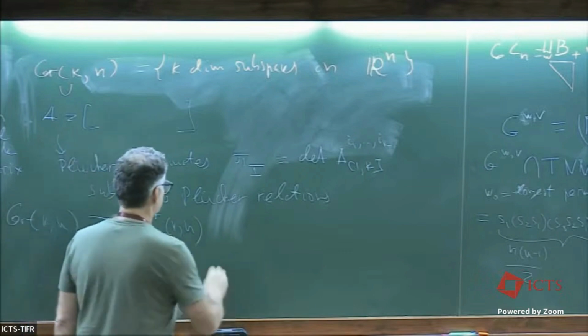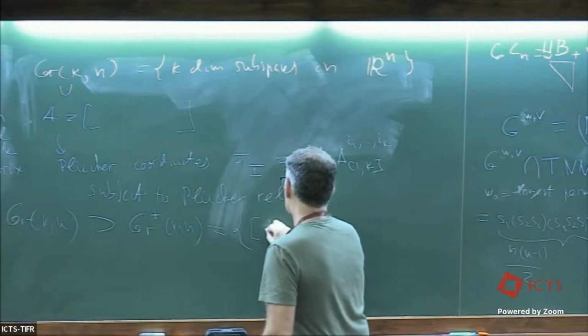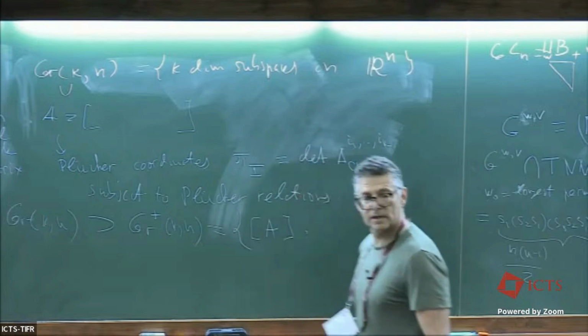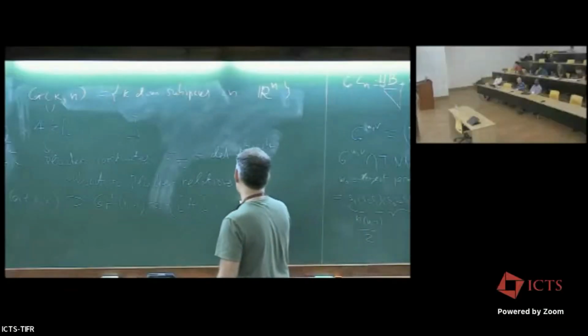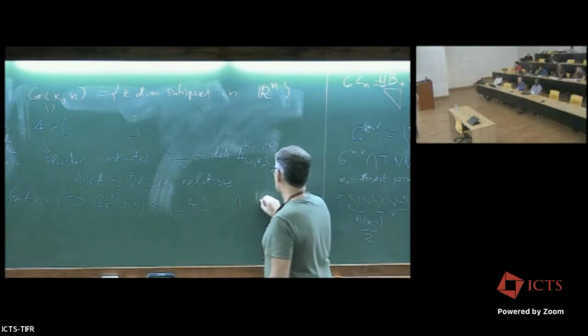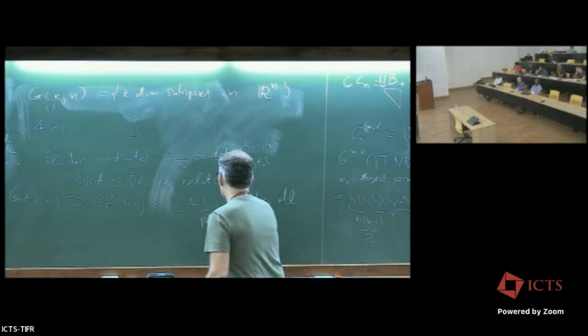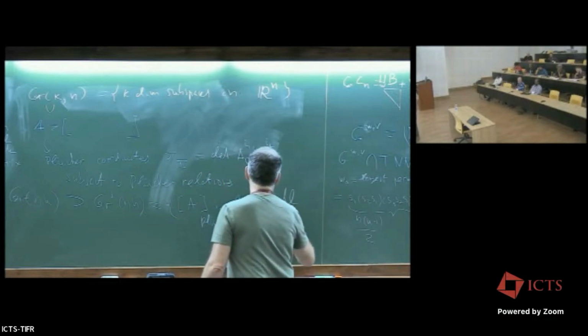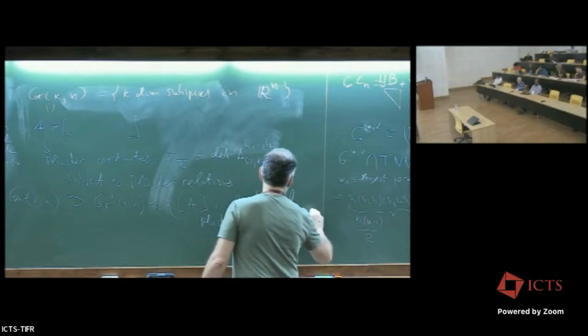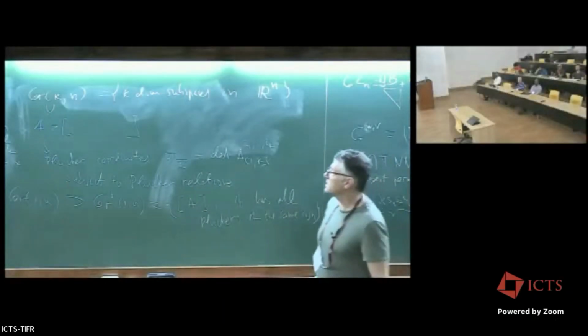This is the set of all elements in the Grassmannian such that A, which is a representative, has all Plücker coordinates of the same sign. If they're of the same sign, they can all be made positive. So that's the set.